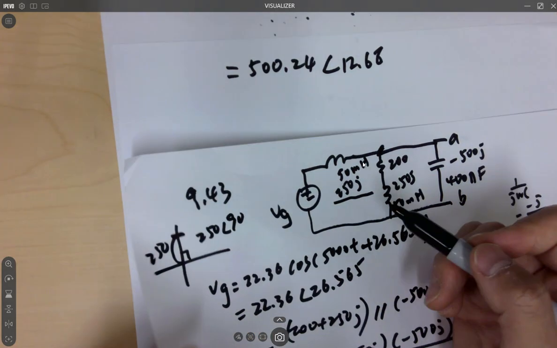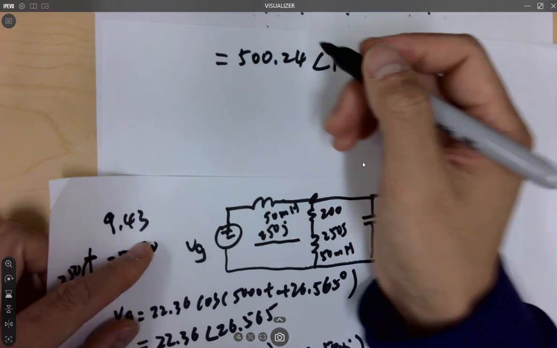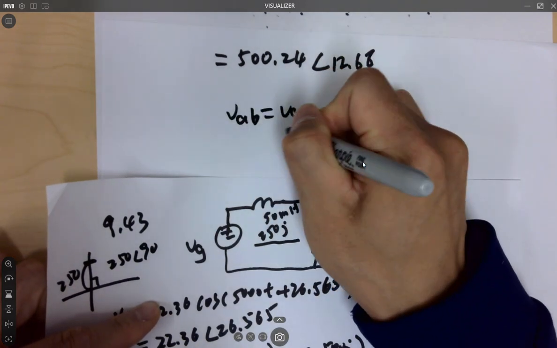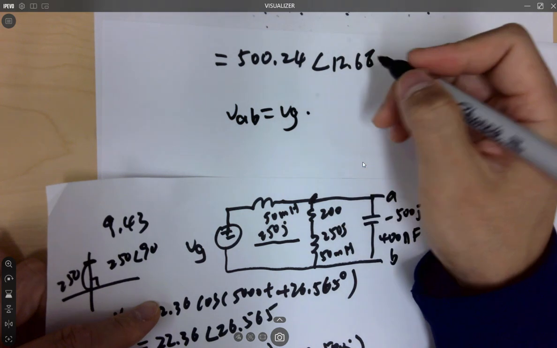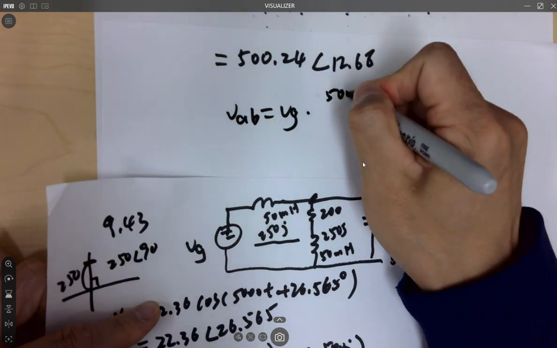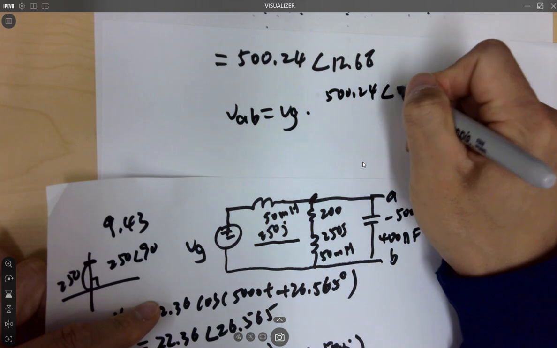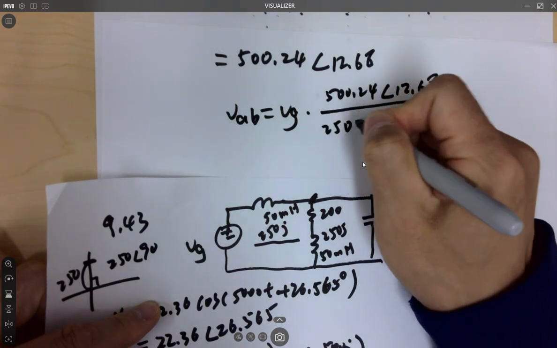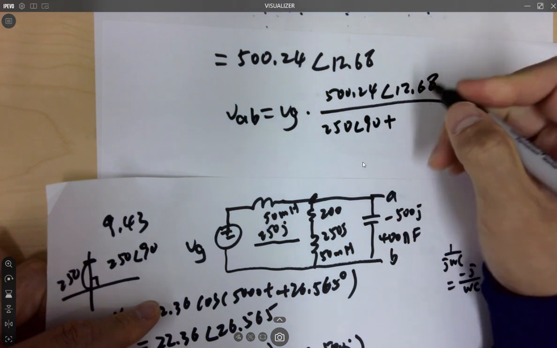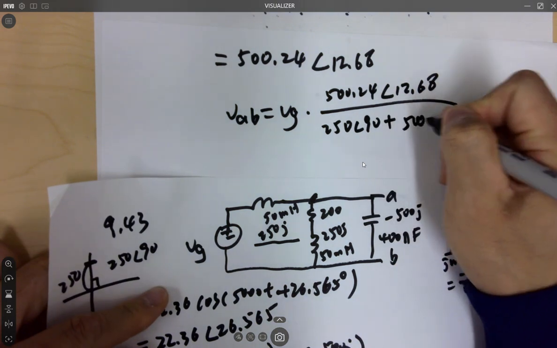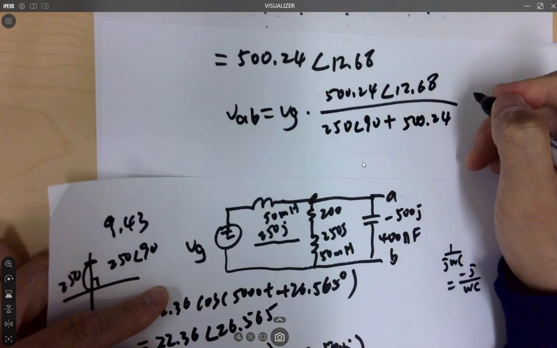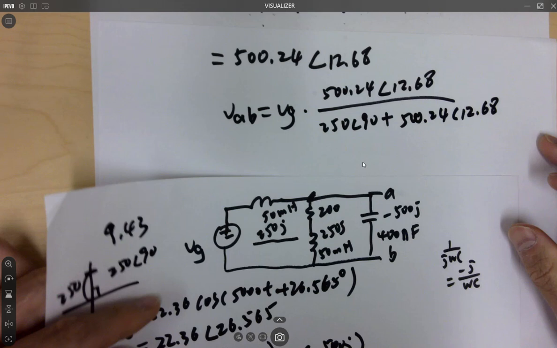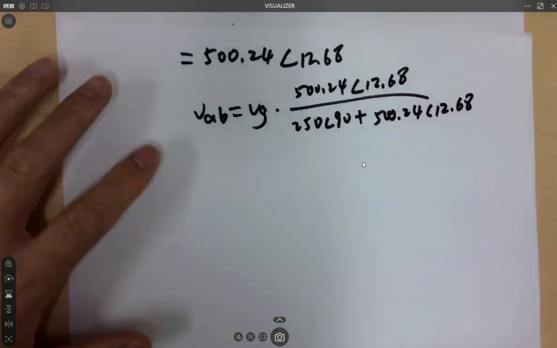Okay, so eventually, using the voltage divider theory, you get VAB equals VG times this guy, which is 500.24 angle 12.68 divided by 250 angle 90 degrees plus 500.24 angle 12.68. Okay, this is what you got.